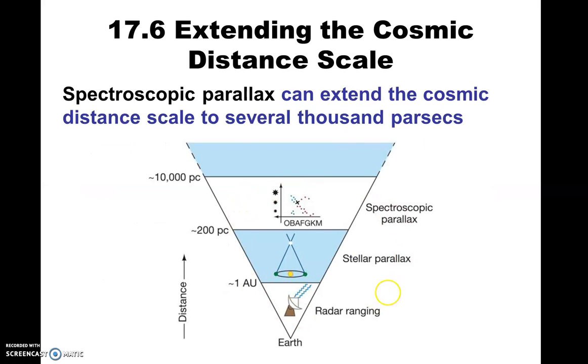All right. So again, within the solar system, out to maybe 1 or 2 astronomical units, we can use actual radar to bounce off things. In fact, one of the first ways to very accurately measure the distance to the sun was using Venus, because Venus undergoes phases.